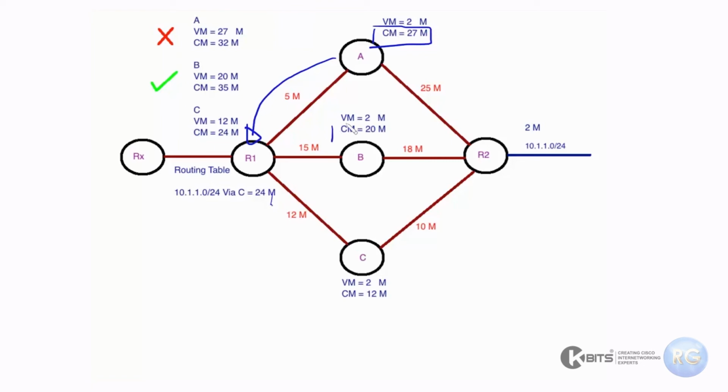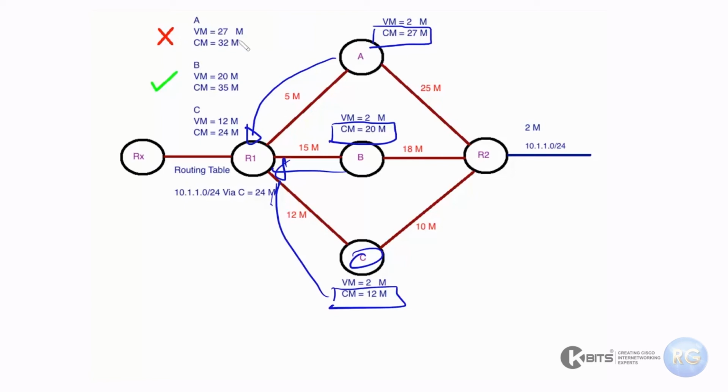B will do the same. B will send his composite metric to R1. C will send his composite metric to R1 because that is C's cost to the destination.